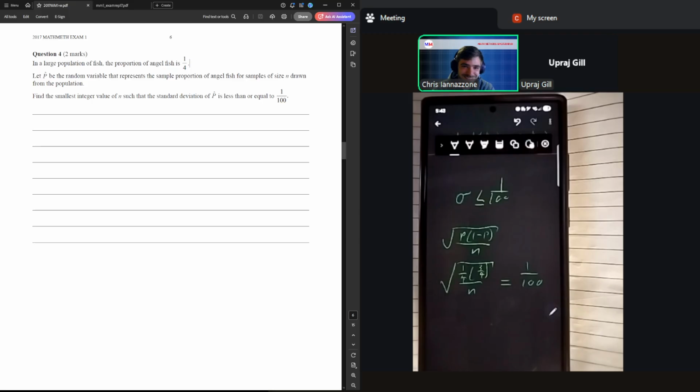Well, you sniped it perfectly. Yeah, 1875. Nice. And since we want n to be greater than or equal to that number, to make this less than or equal to 1 in 100, the smallest integer value is therefore the breakpoint that we're looking for. Yeah, well done.